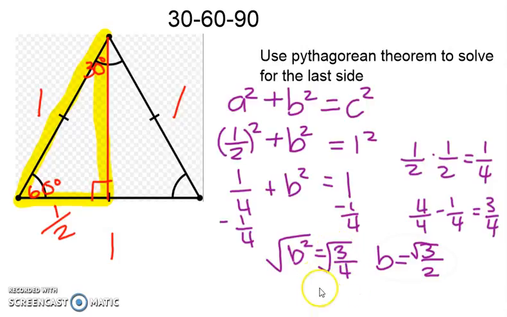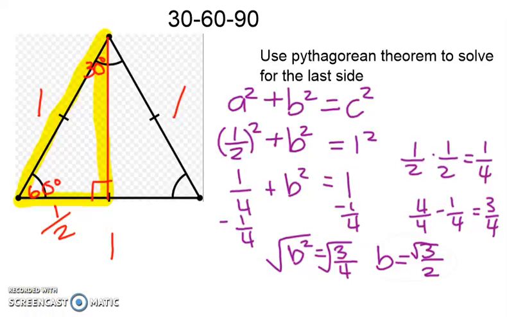Now when I square root a fraction, I can break apart my square roots if we're using multiplication or division. So I can apply the square root to the top, square root of 3, which cannot be simplified. That's why I've left it as square root of 3. But the square root of 4 is a perfect square, so we leave that as 2. So we've just used the Pythagorean theorem to show what the third side would be.